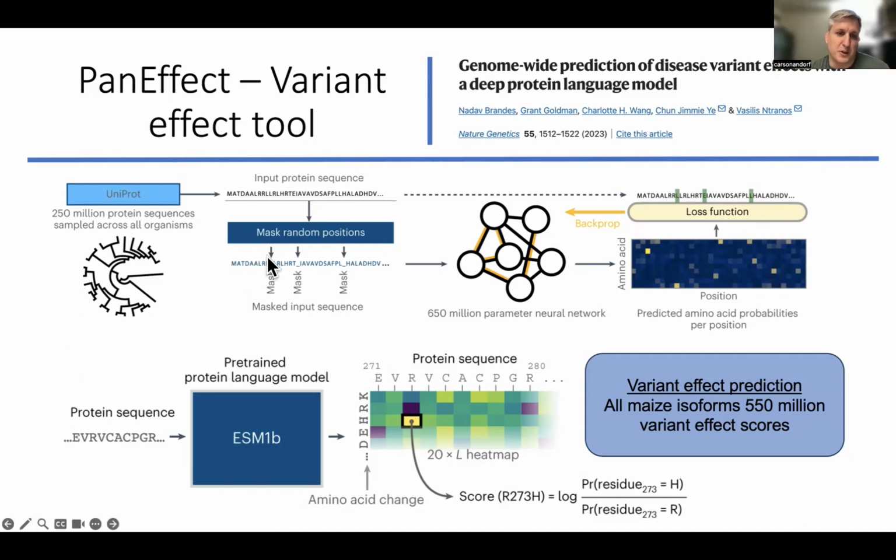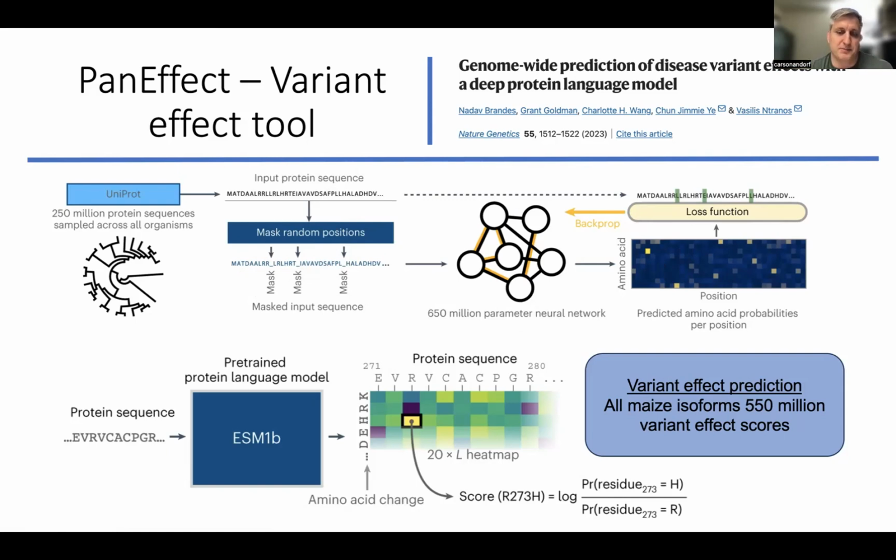This does the same thing. You mask random amino acids and try to predict what those amino acids are relative to the rest of that sequence. So they build a neural network, trying to minimize that loss function. They end up with a 650 million parameter neural network, which is rather large.